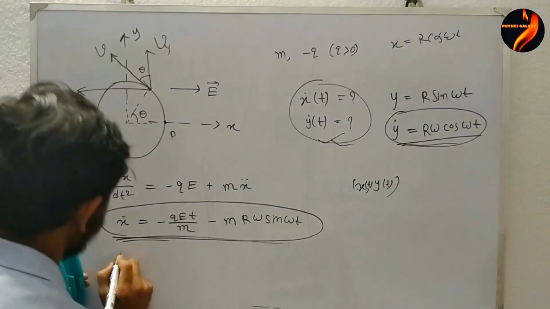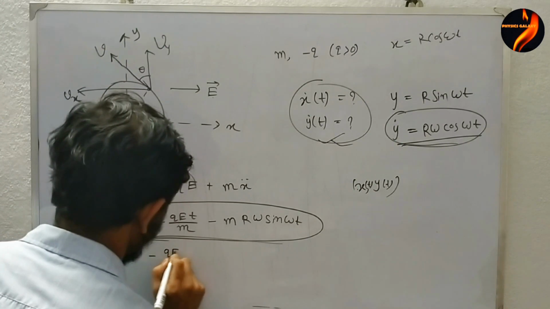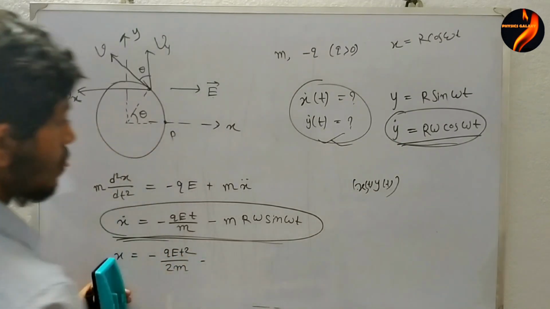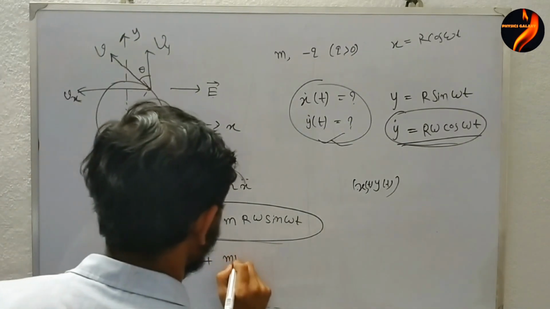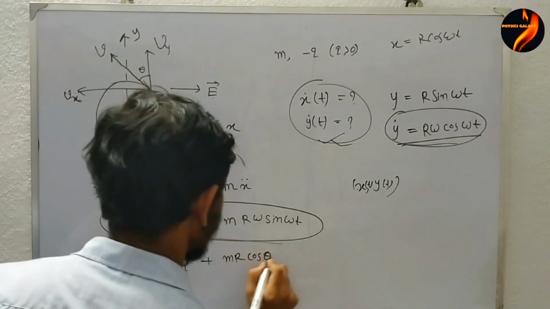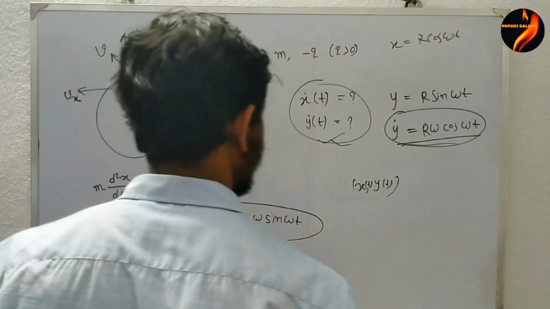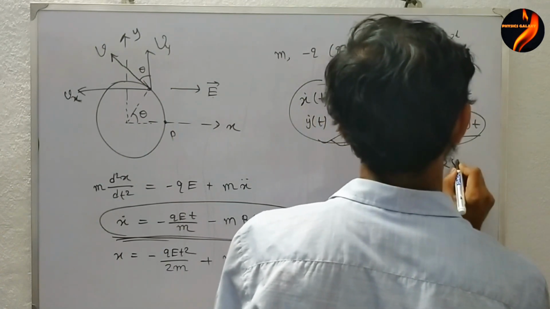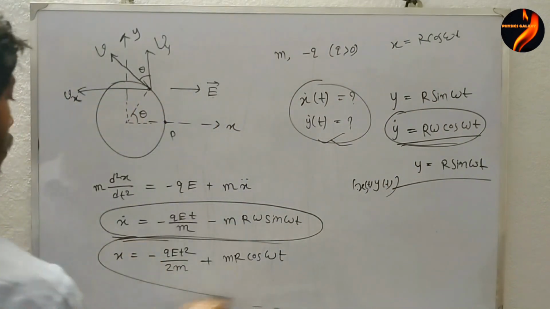After doing the integration, you get x equal to QE t square by 2m plus m r cos omega t, and then y equal to r sin omega t. So these are the results.